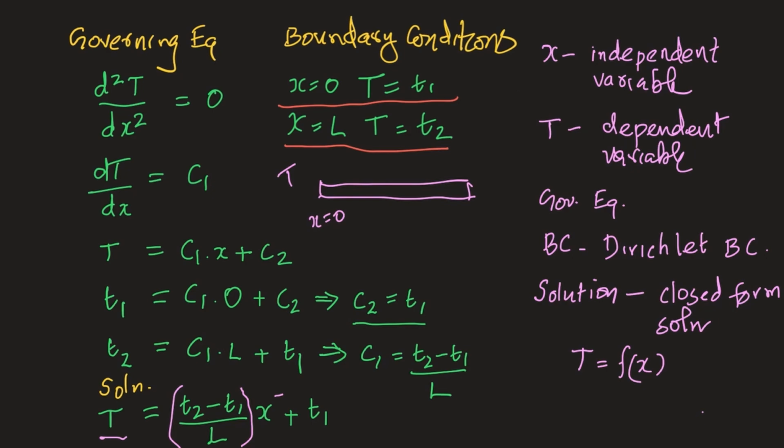This closed form solution satisfies the differential equation, that is d²T/dx² equal to 0, at all values of x.